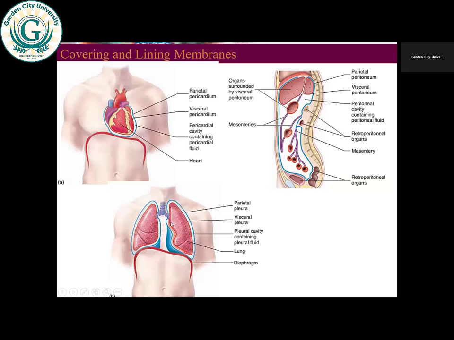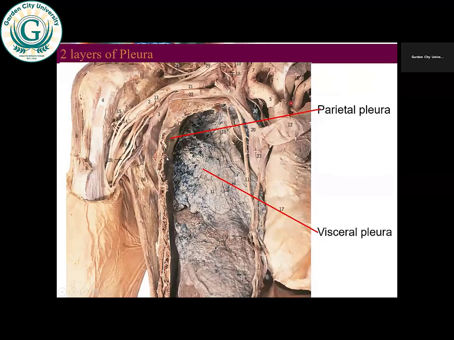Then when it thins, it covers the lungs itself. Then that will be the visceral. So the same thing. The one that lines the wall, marked blue, is the parietal. And the one that covers the organs is called visceral. So here you see what is lining is the parietal pleura. One is covering the lungs. That shiny thing that you see covering the lungs is the visceral pleura.